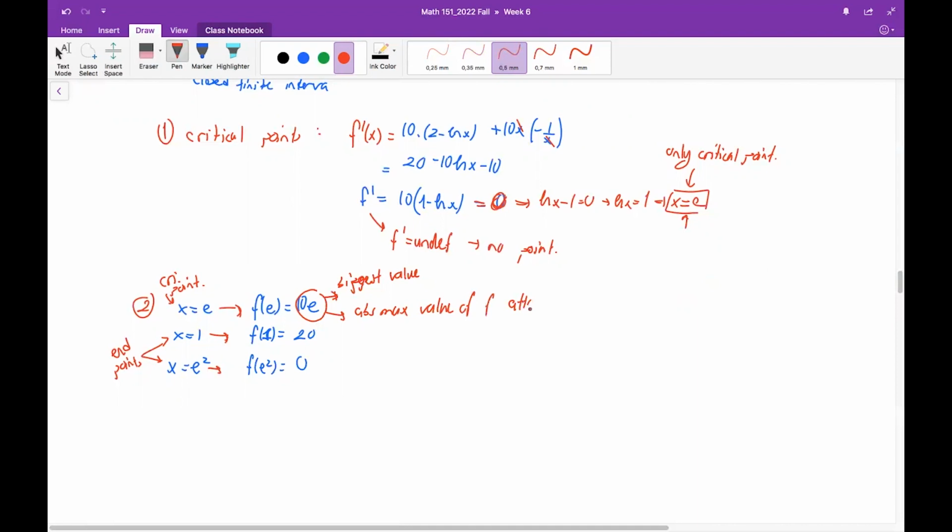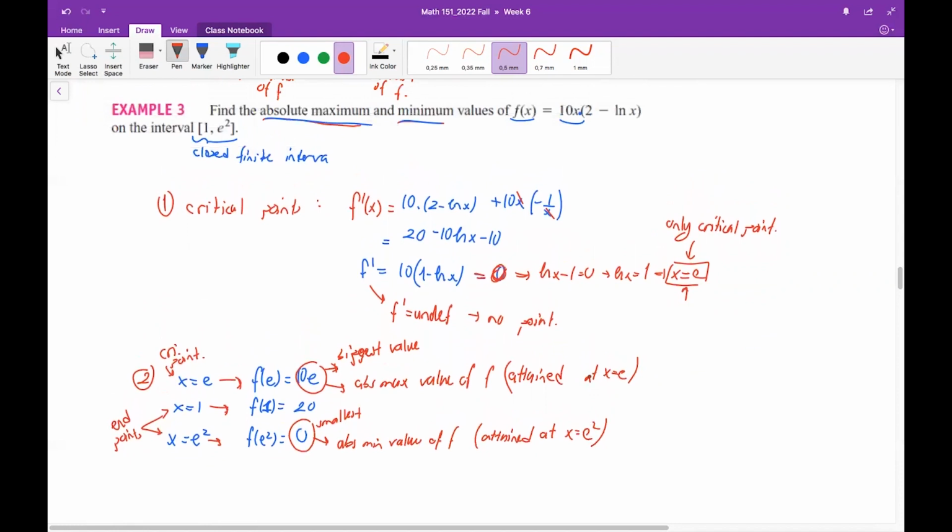It is attained at which x point? Attained at the x equals e point. And the smallest one is this one. This is the smallest value among these images. So I can call it the absolute minimum value of f, and it is attained at the x equals e squared point.